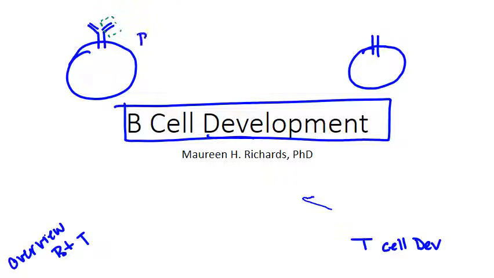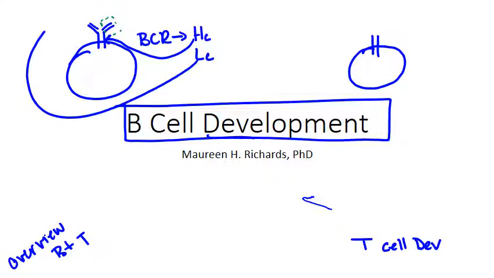The B cell receptor has a heavy chain and a light chain, right? So I should have done this different, but that's the heavy chain. And that's the light chain. So it actually has two heavy chains and two light chains, right? Because here's 1, 2, and here's 1, 2, okay? The T cell receptor has an alpha chain and a beta chain, okay? It really doesn't matter.